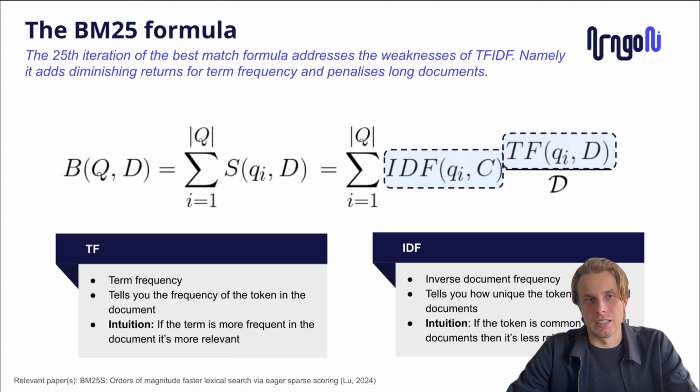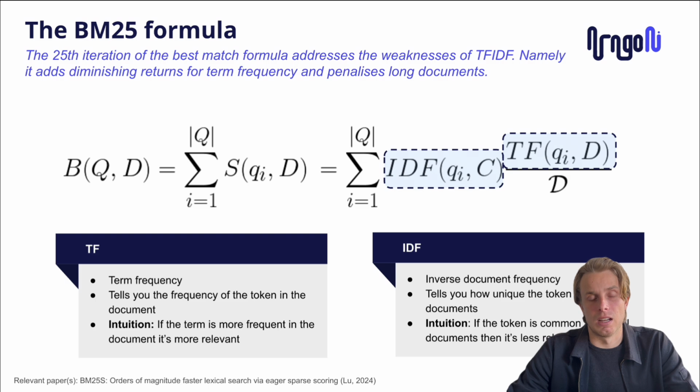The difference between including a term 1 and 5 times should be different from if it's been included 100 and 105 times. And then the other issue is there's no penalty for long documents. If we have a long document, then it's quite possible that we're going to have more of the token, but it might not necessarily be as relevant to the original user's query because it could include a lot of other information. So BM25 is motivated by trying to address those two issues. We want to provide diminishing returns to the term frequency.